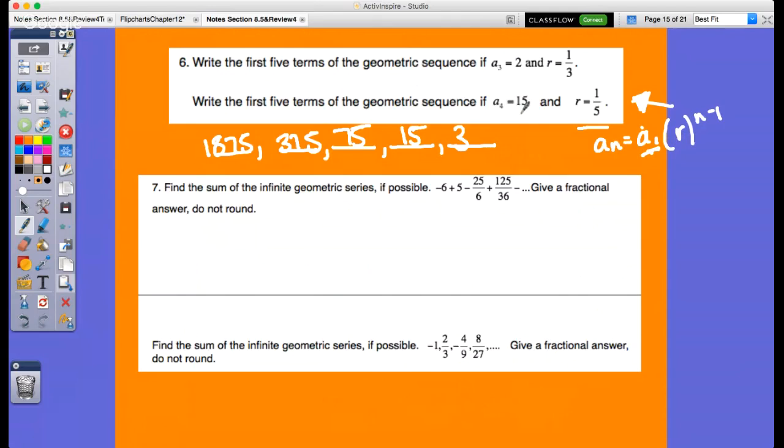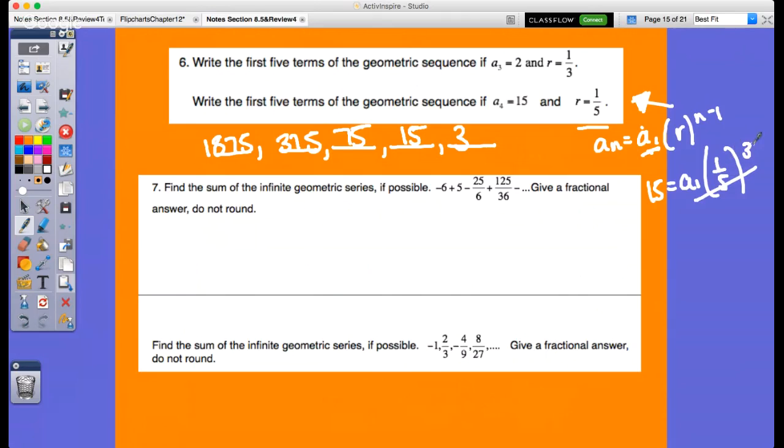Since we know the fourth term, we would say a sub 4, which in this case is 15, is equal to a sub 1 times 1/5, because we know that that's the r. And we know that n was 4, so we put 4 in, and so this is going to be to the third power. In doing this, we can get a1 by itself by dividing.